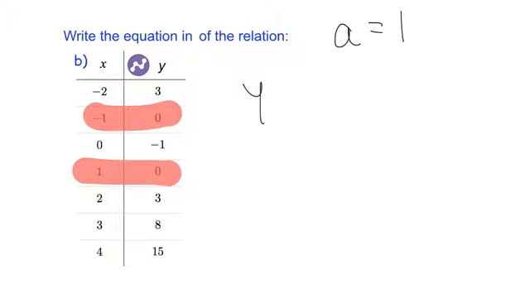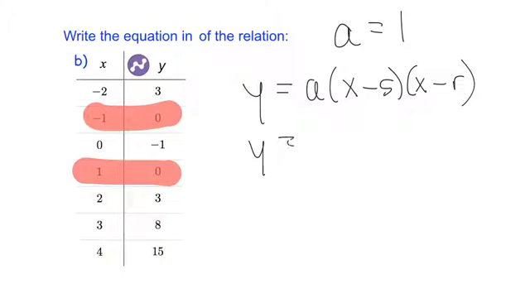So if I write all that out, starting with the basic equation, y equals a, x minus s, x minus r. And then I have y equals 1, x minus -1, okay?